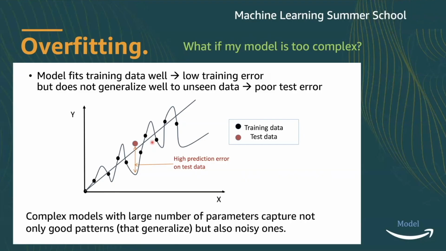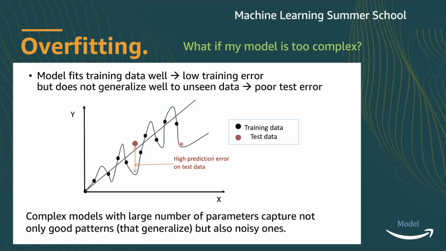So this is an example of overfitting. It's a case where your model, the high dimensional polynomial model, is too complex for your data. What's happening is that it's not just fitting to the pattern in your data, but it is also fitting to the noise that's coming with it.